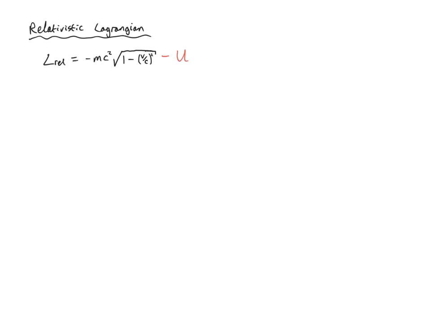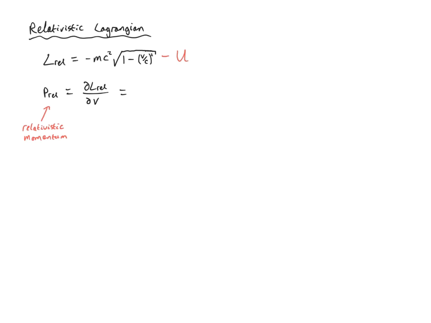So one thing that we can immediately get is the relativistic momentum, which we obtain from the Lagrangian in the usual way by taking the partial derivative of the relativistic Lagrangian with respect to velocity. And this is very simple to compute.